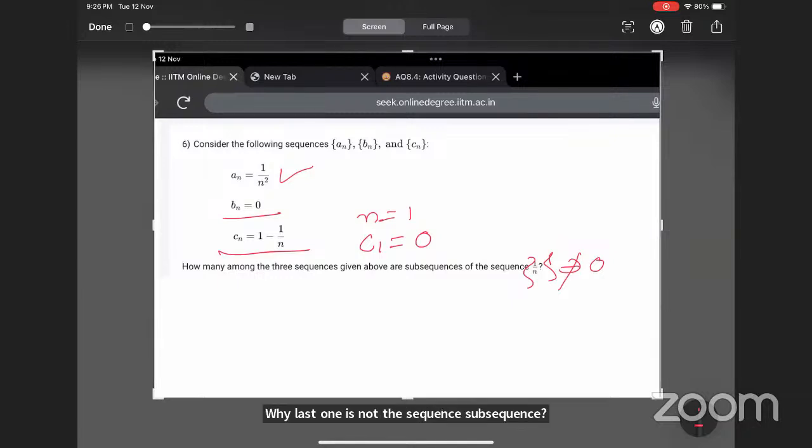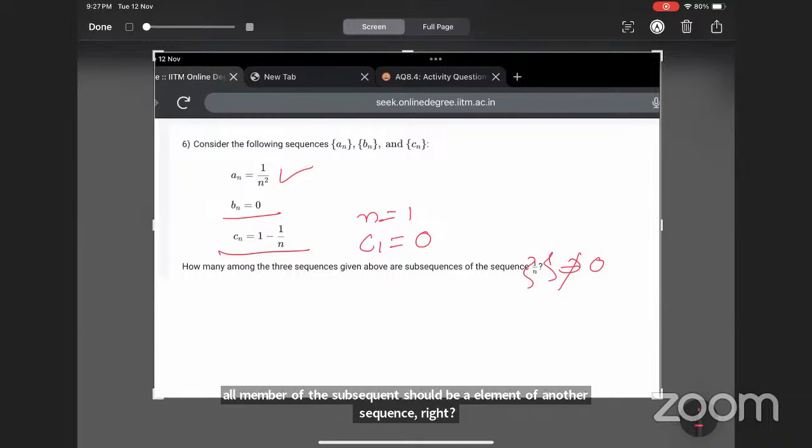Because for n equals 1, c of 1 is 1 minus 1, right? Which is 0. Yes, but 0 is not in the set 1 over n, right? So this cannot be a subsequence, because all members of the subsequence should be elements of the other sequence. So clearly this is not a subsequence.